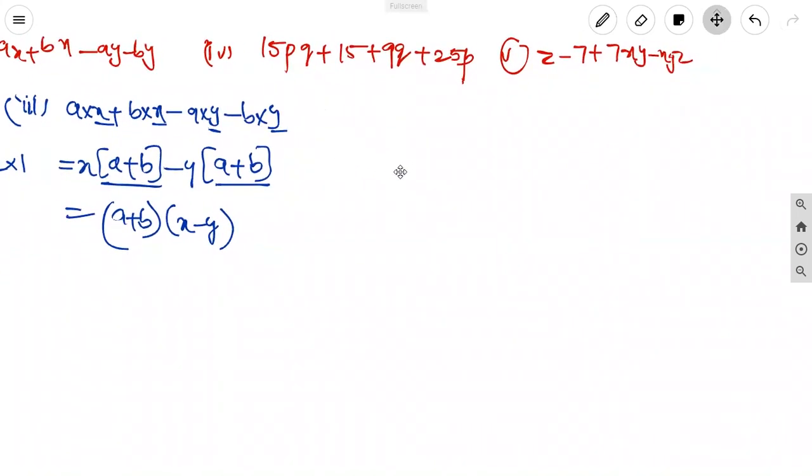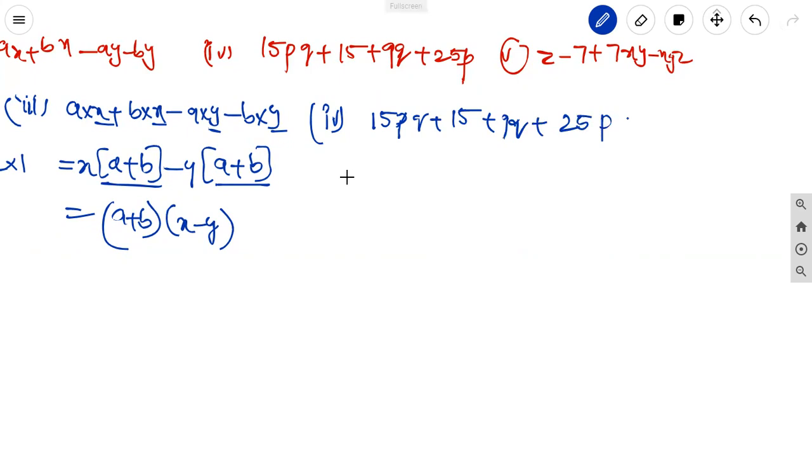Next, fourth question: 15pq plus 15 plus 9q plus 25p. 15 can be written as 5 3s are 15 into p into q, and 15 means 5 into 3, plus 9q means 3 3s are 9 q, 25p means 5 5s are 25p.